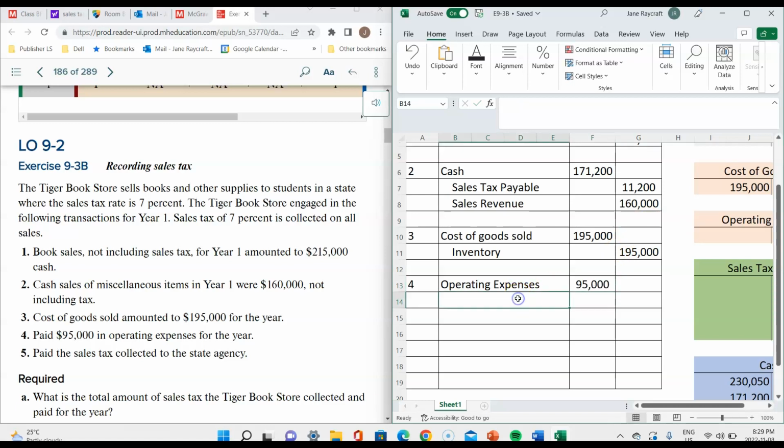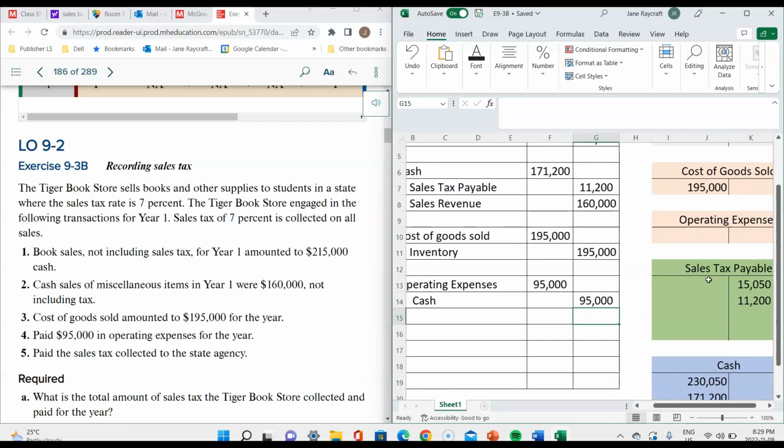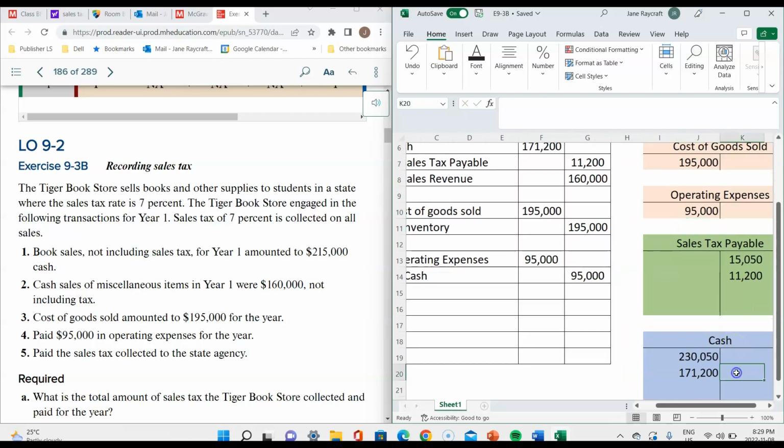Now, we can assume that we're paying cash because it doesn't say we're paying on account, so cash it is. And my debits equal my credits. Here we go, operating expenses. 95,000 going out the door here. My cash is credited when I pay that amount.